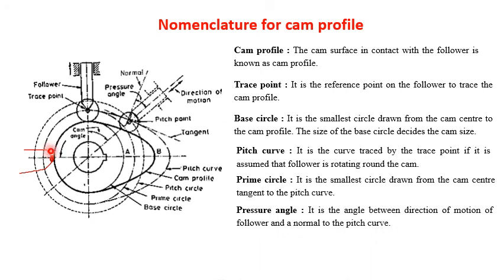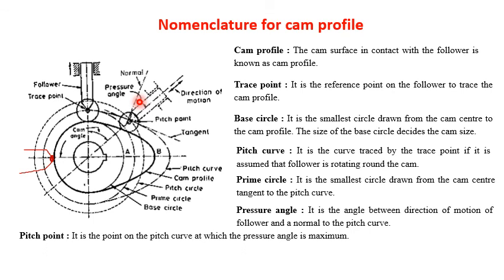We are going to get the pressure angle with respect to the follower position. It is the angle between the direction of motion of the follower and the normal to the pitch curve. If we draw a normal like this, whatever angle is made with respect to the direction of motion is nothing but the pressure angle.